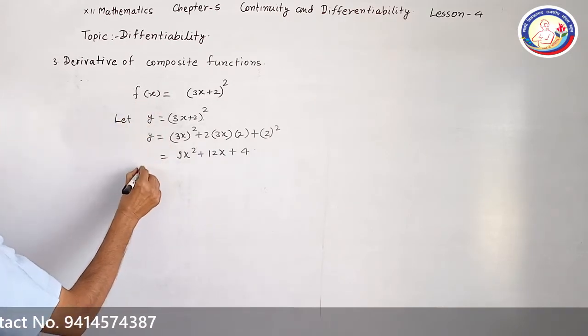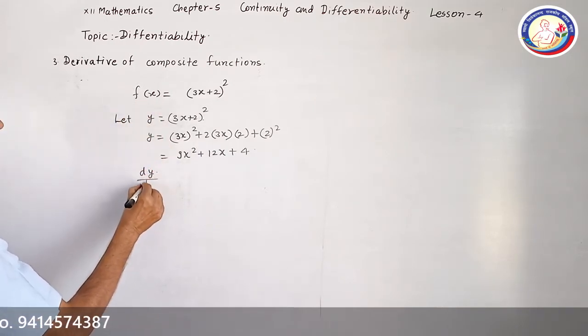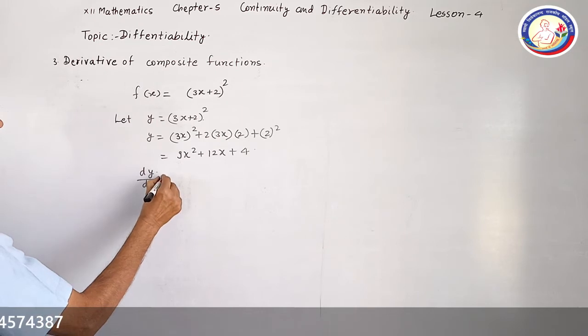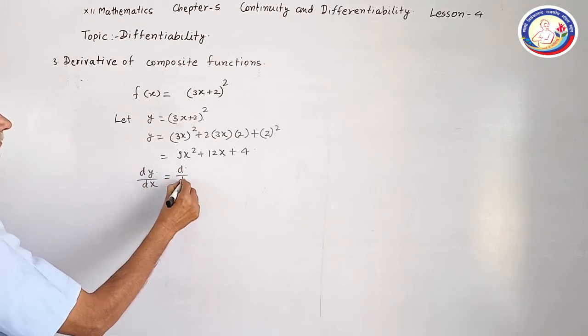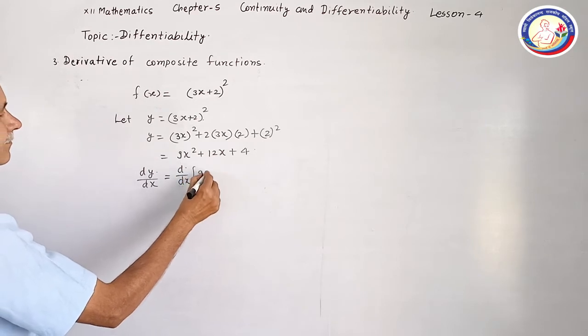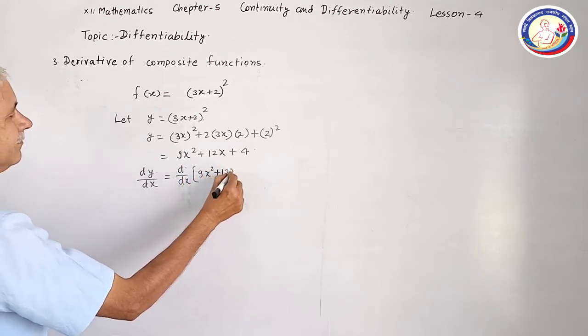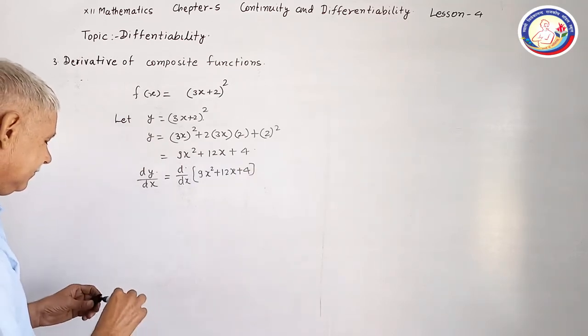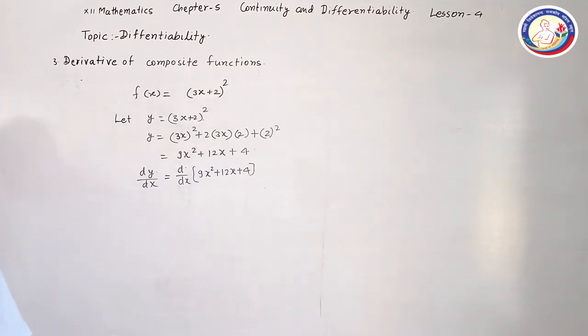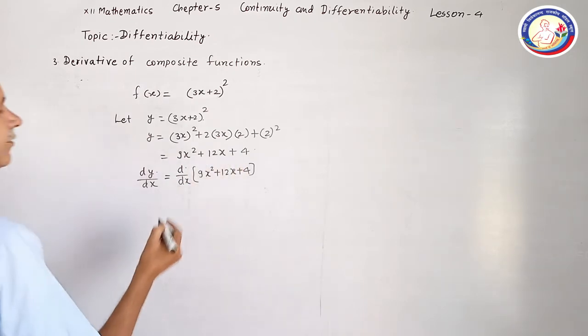The derivative of y with respect to x will be equal to the derivative of this function, 9x square plus 12x plus 4. Use the sum rule.